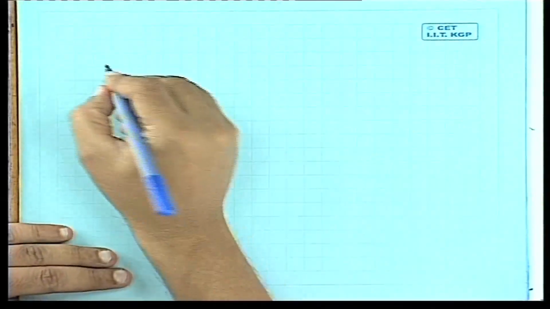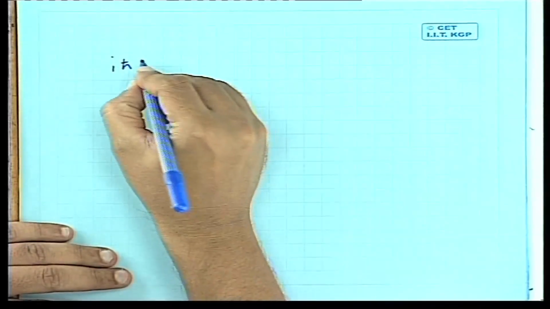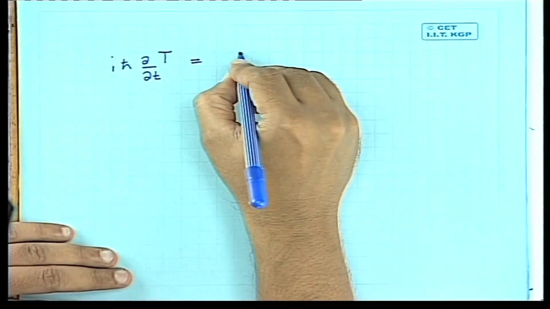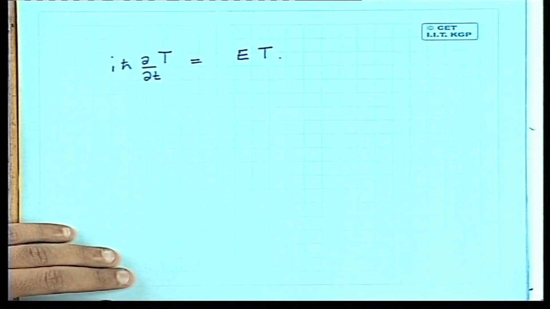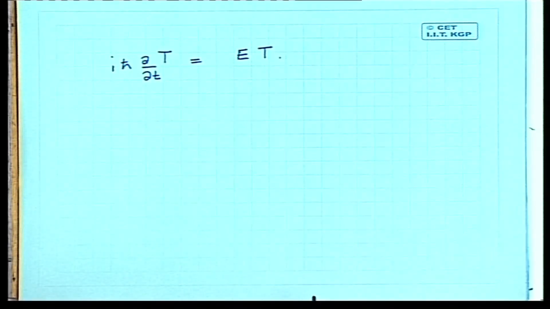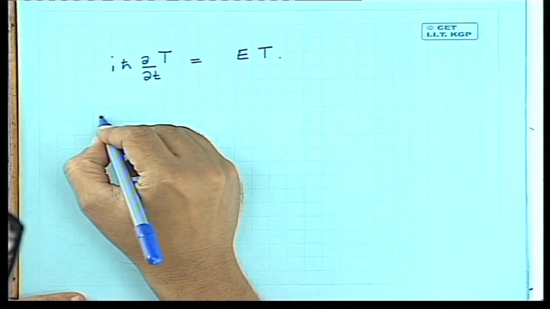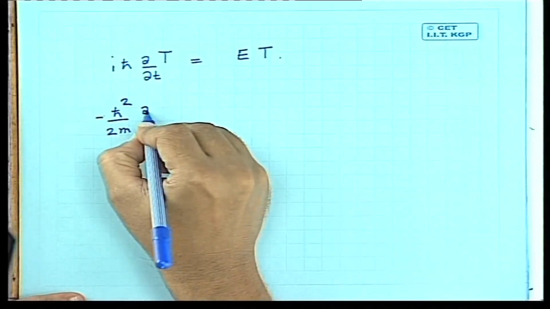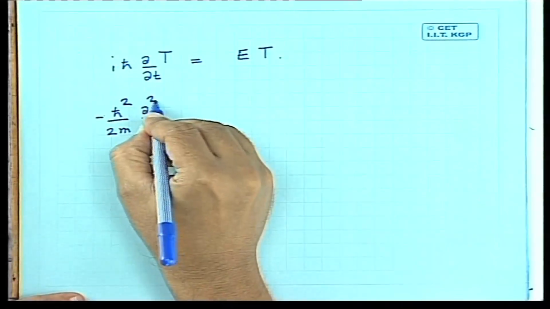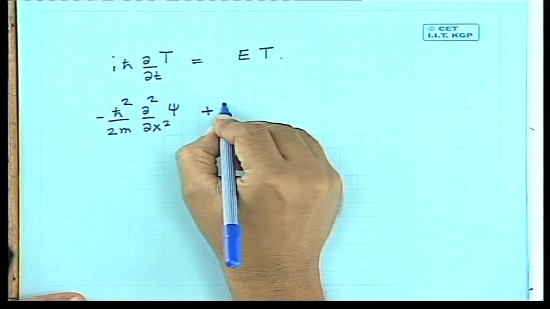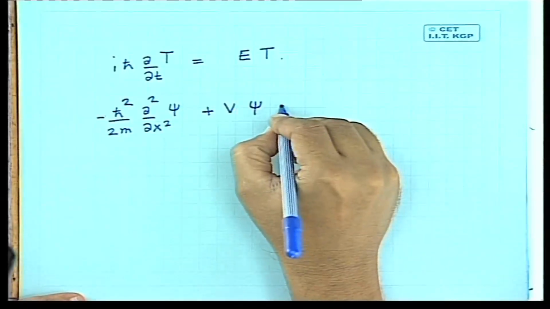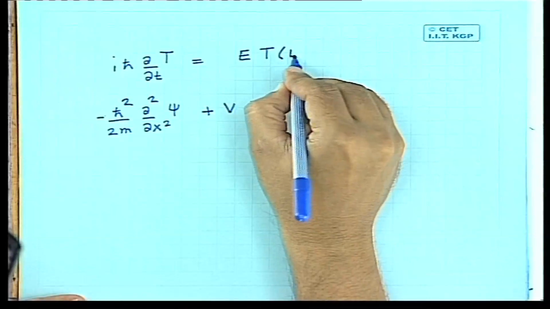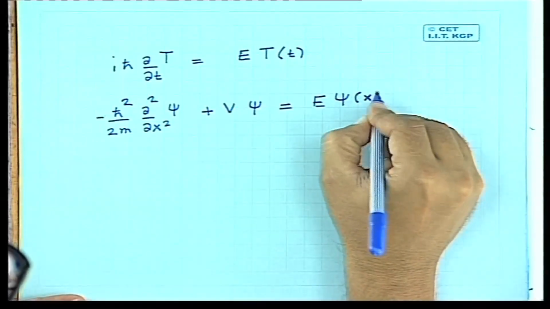So the first equation that we have is i h cross del by del t of T is equal to E into capital T. The second equation which we have is minus h cross square by 2m del by del x square psi plus V psi is equal to E psi, where psi is a function of x alone, let me put it here, and T is a function of time alone.